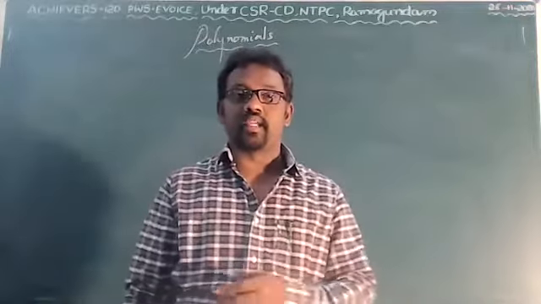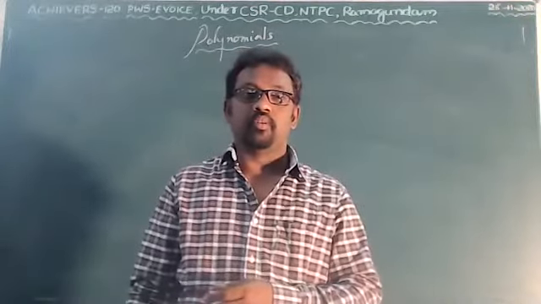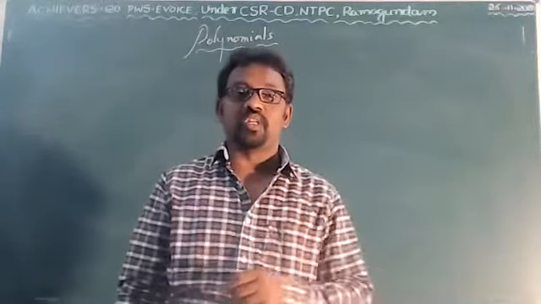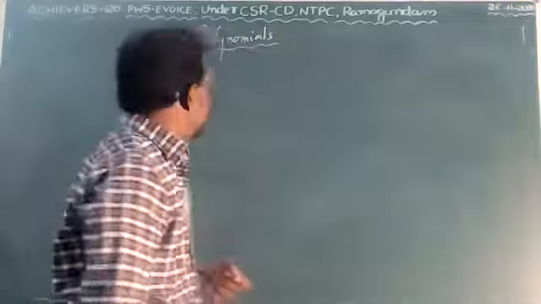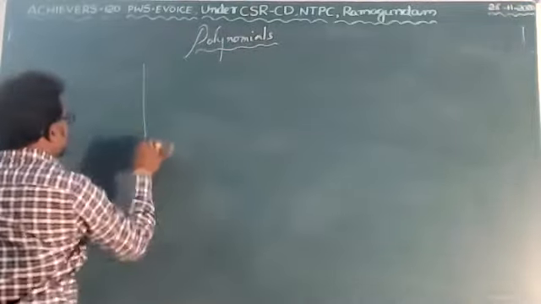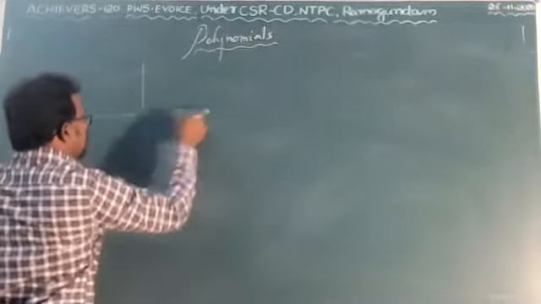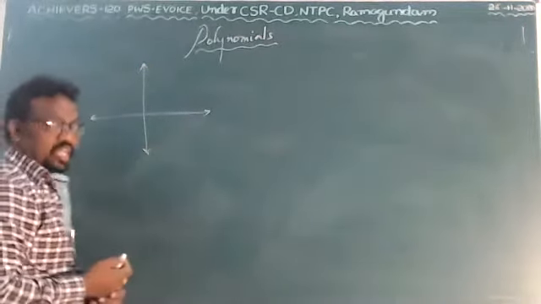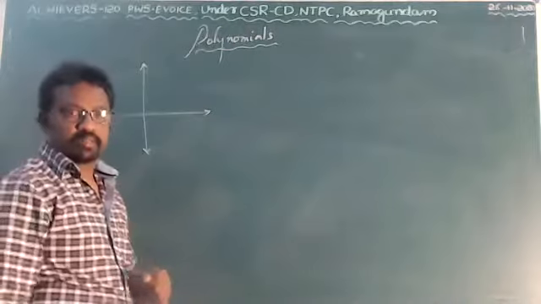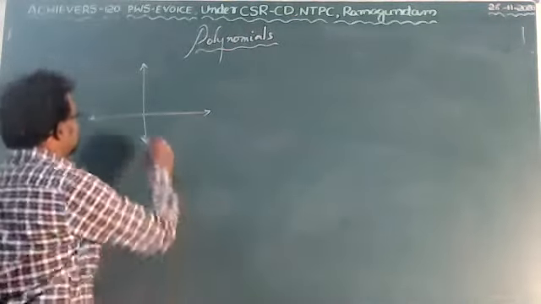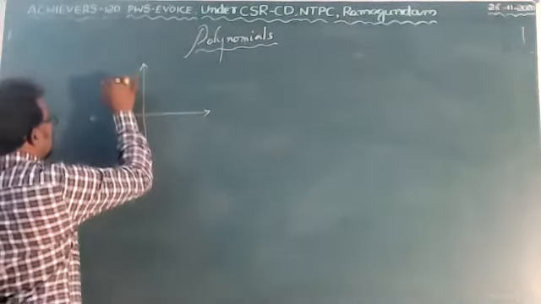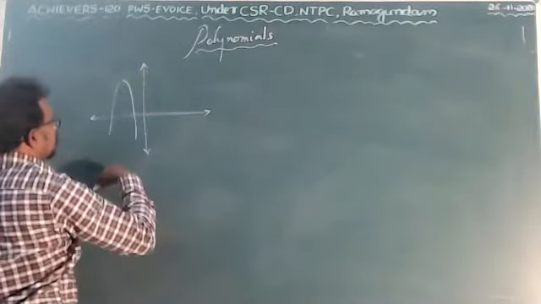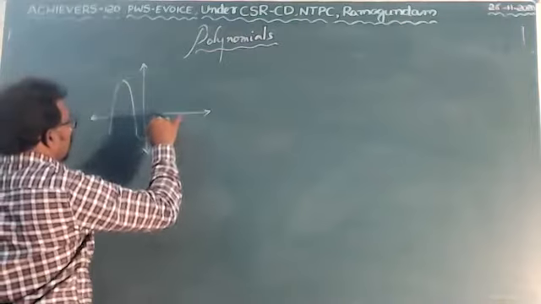How will we recognize it by the picture, the representation? It's very simple. See, on a Cartesian plane, nothing but graph sheet, the curves will go like this.